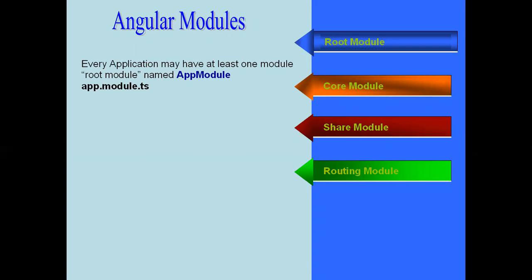Okay, we already discussed that, so I think there is no need to discuss more, but if anybody has a query, please ask. So as I said, the root module is the module we bootstrap to launch our application.